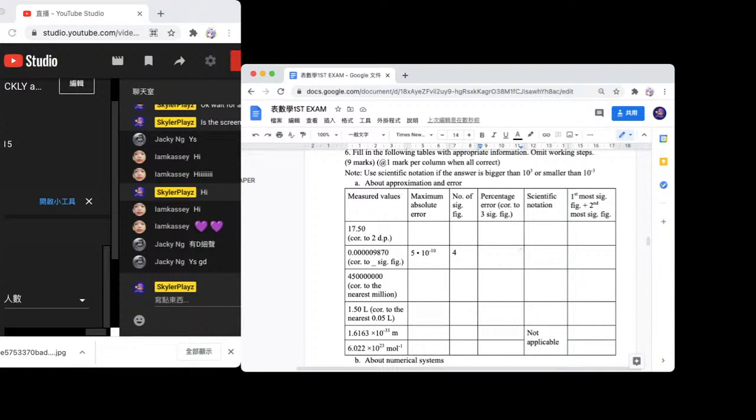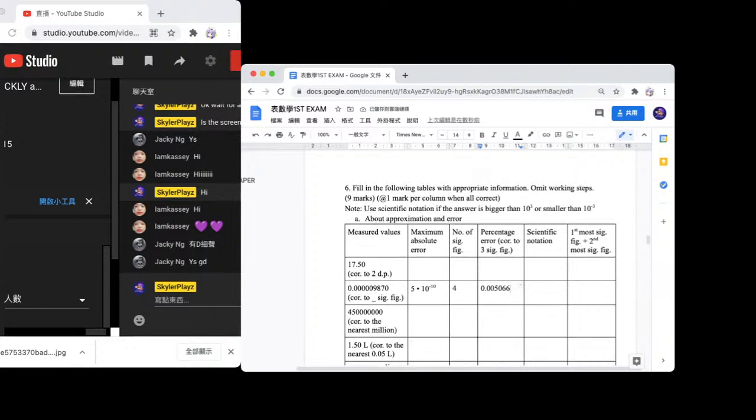Okay, and we add a bracket, times the answer by 100, and we can get 0.000 5066.